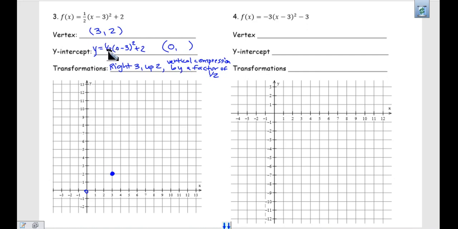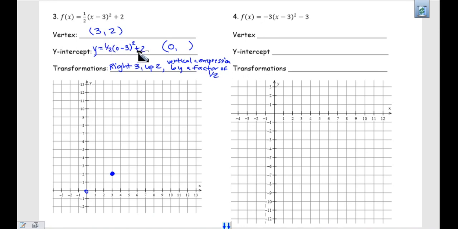Well, I can take these numbers on the right-hand side, and it's fine if you want to plug these into your calculator. If you can do these in your head, that's fine also. 0 minus 3 is negative 3. If I square that number, I'm going to get positive 9. 9 times 1/2 is 9/2.